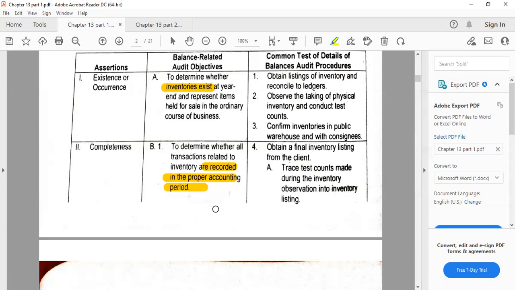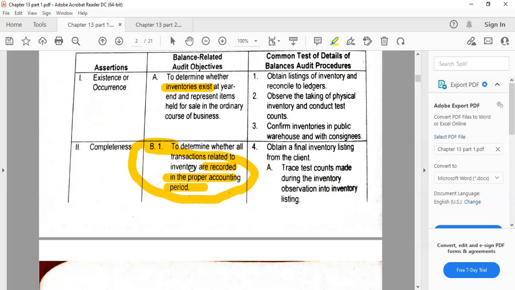Now, in my observation of audit problems with respect to inventory, this is where students usually make mistakes. This is the most frequently appealed item in examinations because our knowledge on FOB destination and FOB shipping point gets weak, especially on purchases and sales occurring very near the year end and immediately after year end.